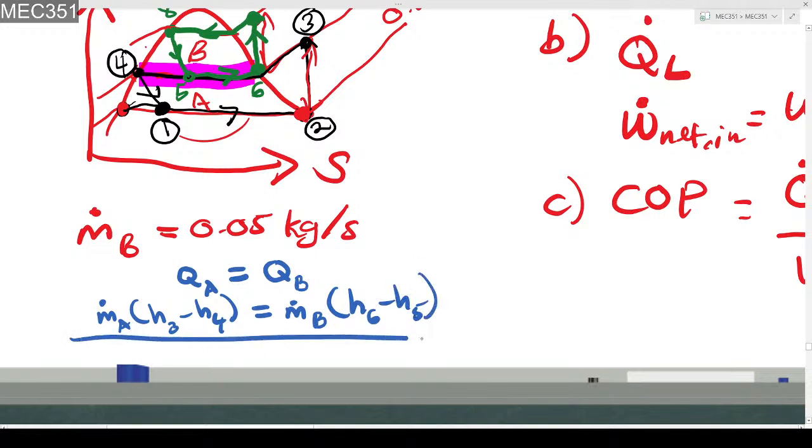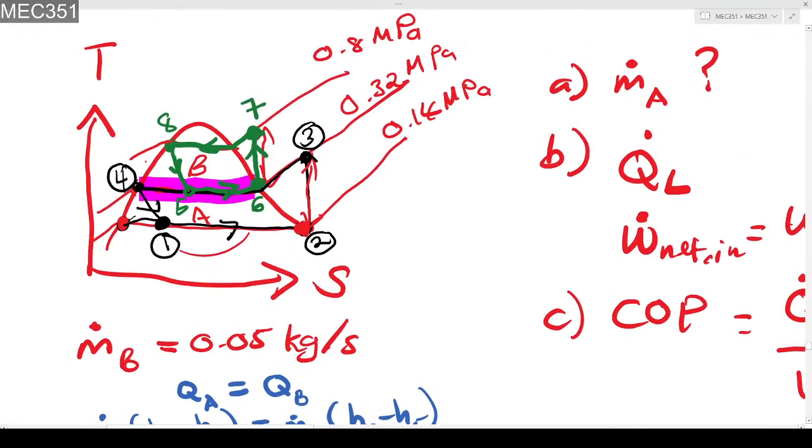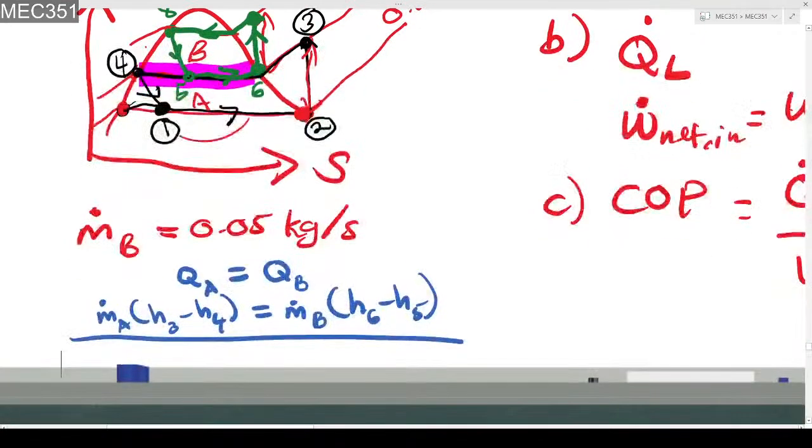This is the equation for the heat transfer between A and B. Just highlight this equation. Make sure you do not forget.